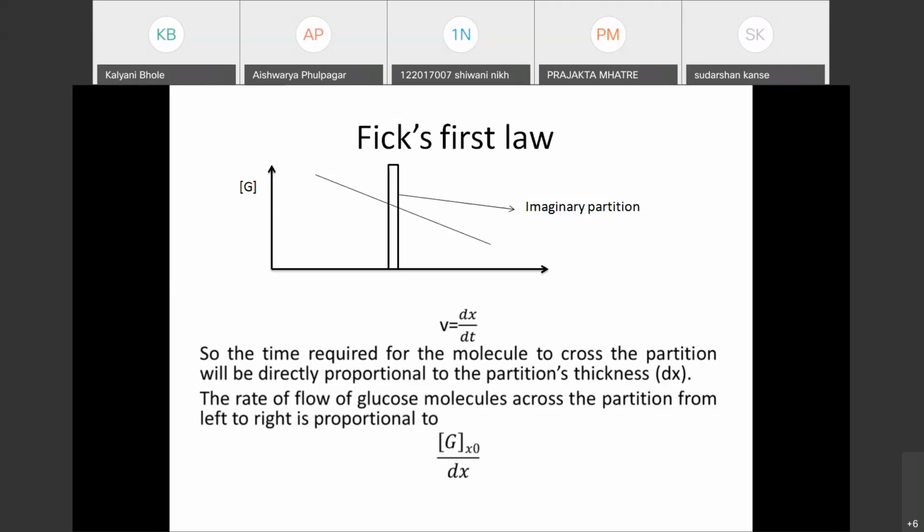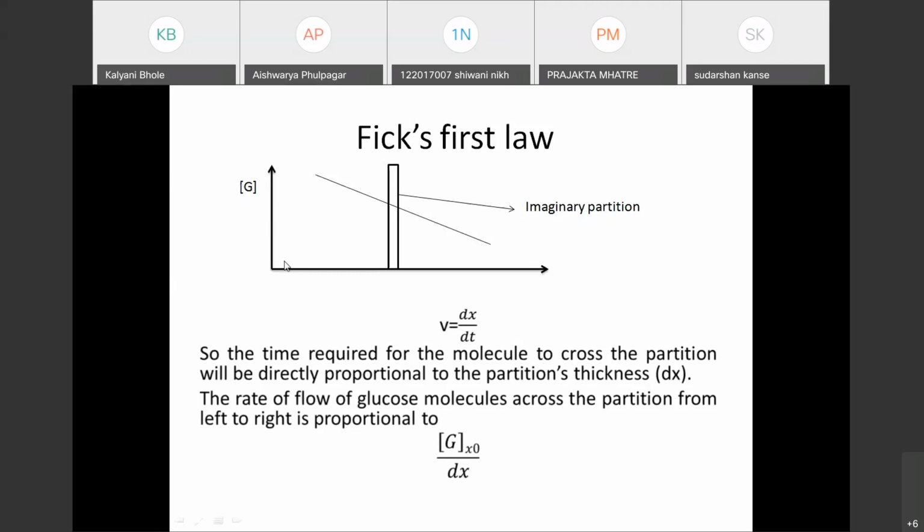To derive this, we have taken this example, where we want to mathematically analyze the diffusion of sugar glucose. Why is glucose used here? Because glucose is non-ionic, and it dissolves in pure water.